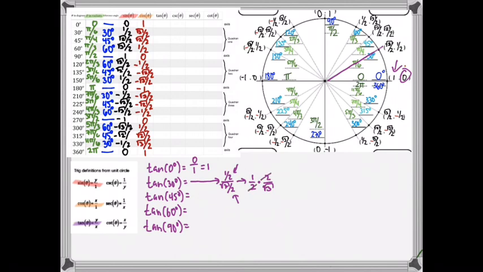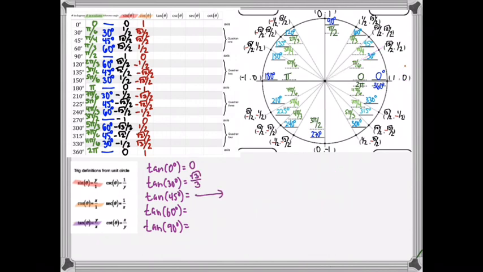Those are going to cancel out, and we're going to get 1 over the square root of 3. However, we have to multiply the top and the bottom by the square root of 3 to rationalize the denominator. And so we're going to get the square root of 3 over 3. I'm going to clean this up real quick so we can go on.